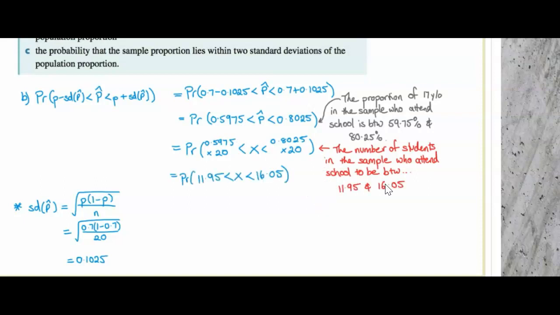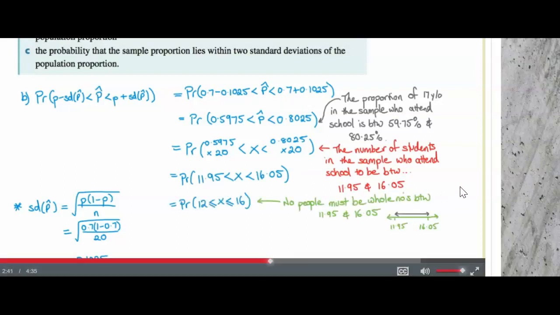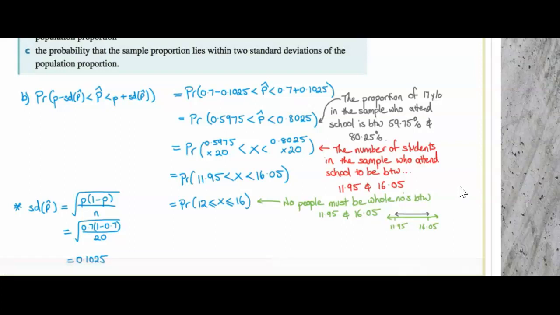So this is the number of students in the sample that we want to attend school. I've just shown that as a number line over here. We need to be between 11.95 and 16.05. So the nearest whole numbers within that range are 12 and 16.